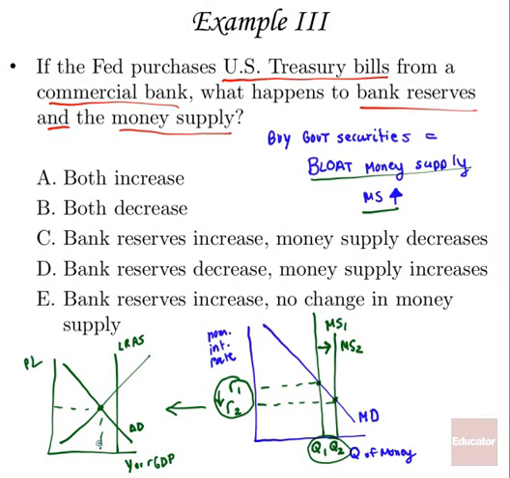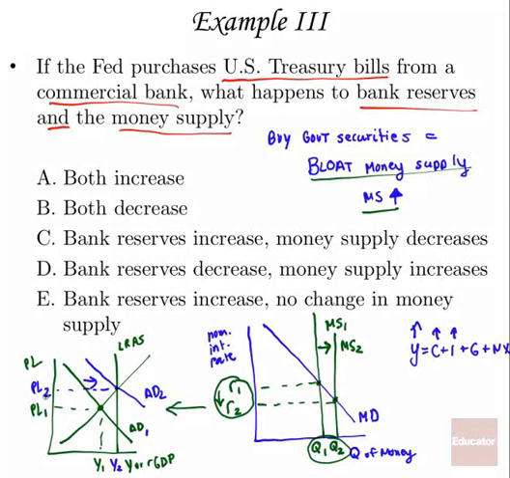Originally you start off with Y1 and PL1. What is buying government securities going to do? It's going to lower interest rates. So Y equals C plus I plus G plus NX: investment and consumer expenditures go up, Y goes up. As a result, aggregate demand increases to the right, AD2. The real GDP increases, and the price level also increases.